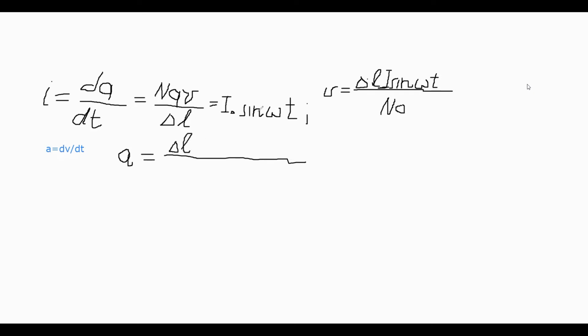If we differentiate this part, delta L, omega, current, and the sinus function becomes a cosinus function after differentiation.